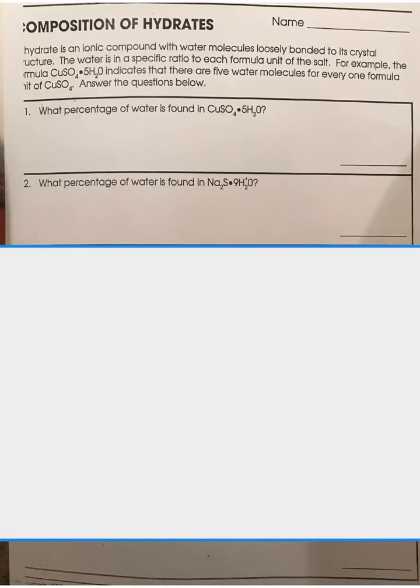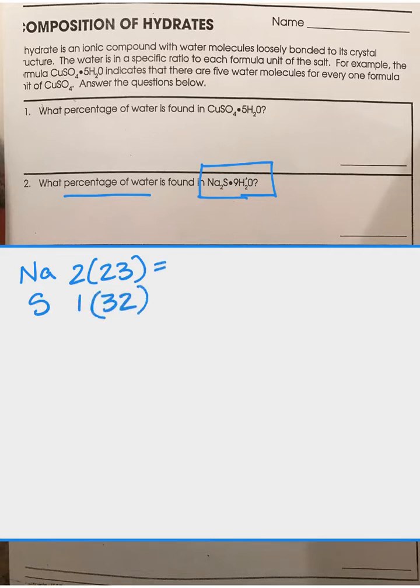Okay, for this problem, we need to find the percent of water, same as we did in the last problem, but now we have sodium sulfide, non-hydrate. So we've got Na, we've got 2 of them, they each weigh 23. We've got a sulfur, 1 of them, it weighs 32. We've got 46 here, and 32 there, that gives us 78 grams per mole.